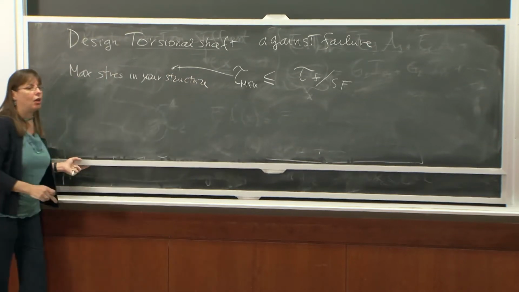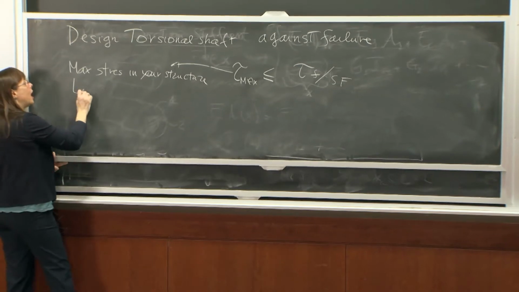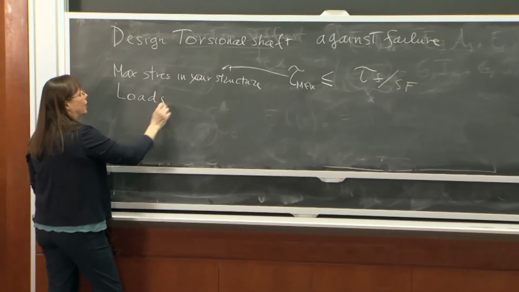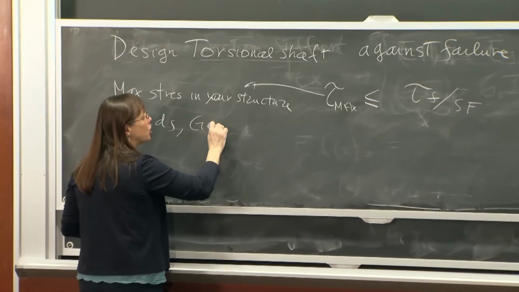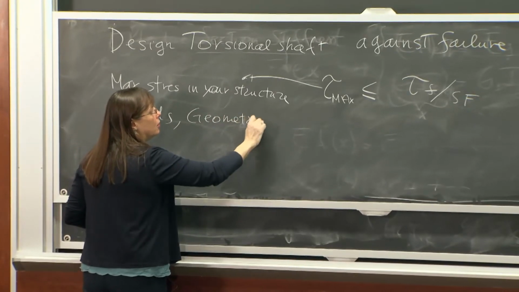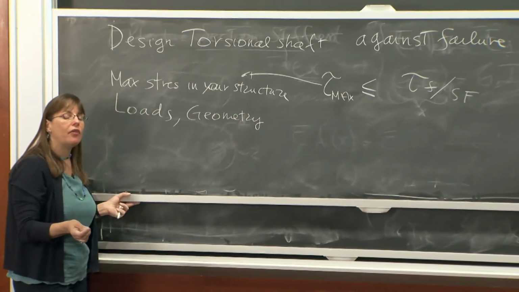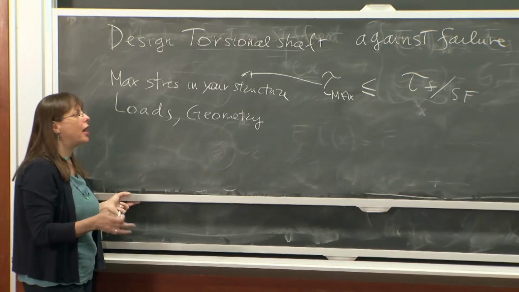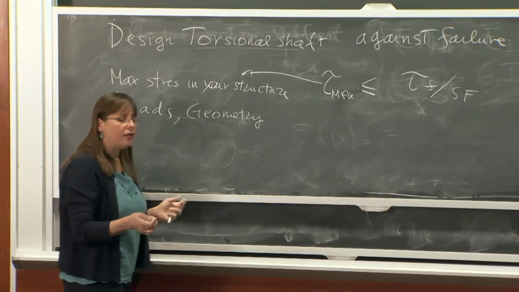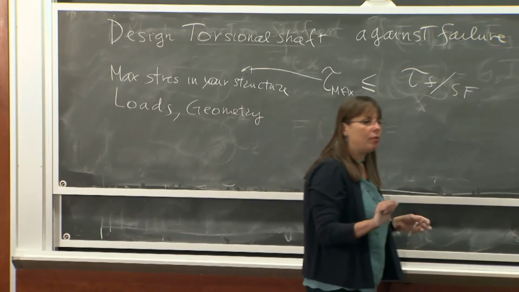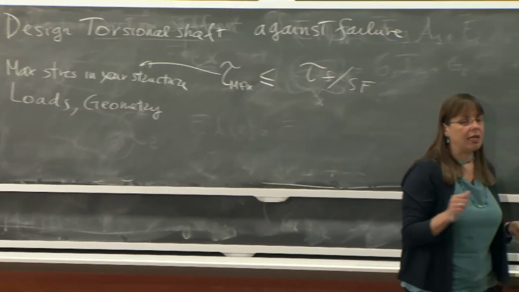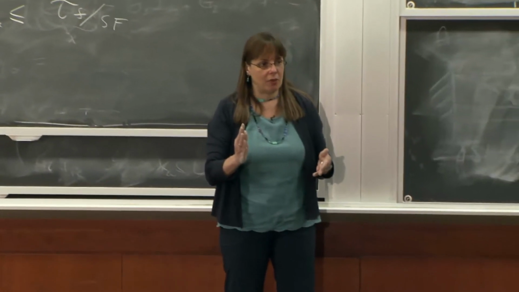What does this depend on? It depends on what loads you have. It depends on the geometry of the structure. Maybe how big is the radius of the shaft, how long is the shaft, what loads you have. And if it is a statically indeterminate shaft, it can also depend on the stiffness of the material.